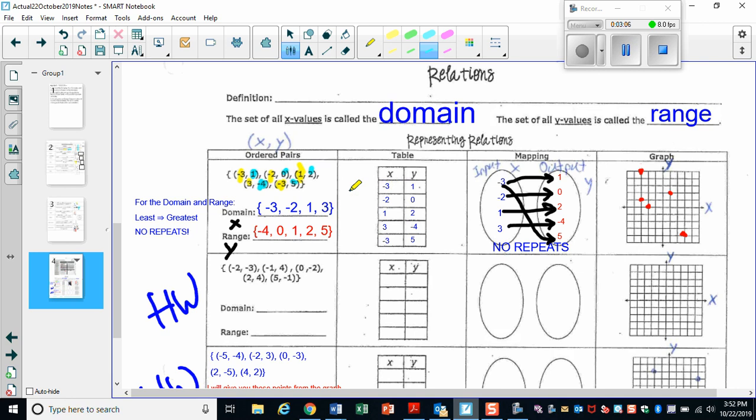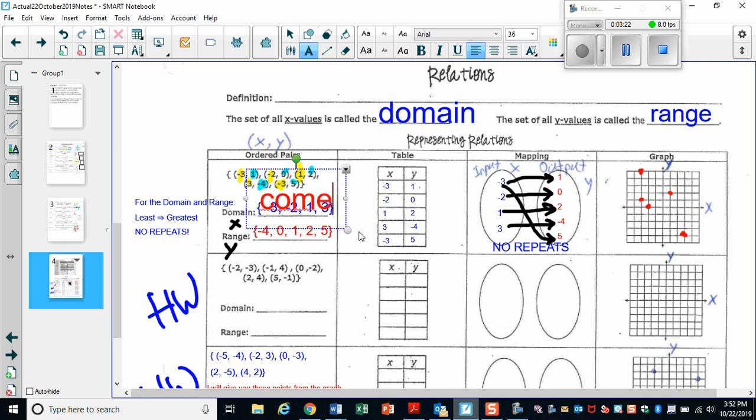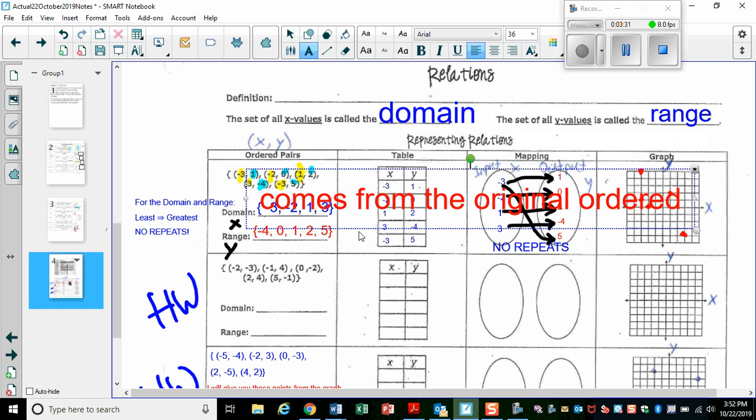Now, going to the table. Do not put in order from least to greatest. Your table comes from the actual ordered pairs. So I'm going to include the phrase "they come from the original ordered pairs."